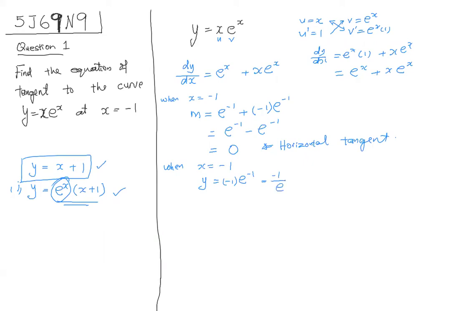So if you have a horizontal tangent, what is the equation of the tangent? y equals -1 over e. Yeah.